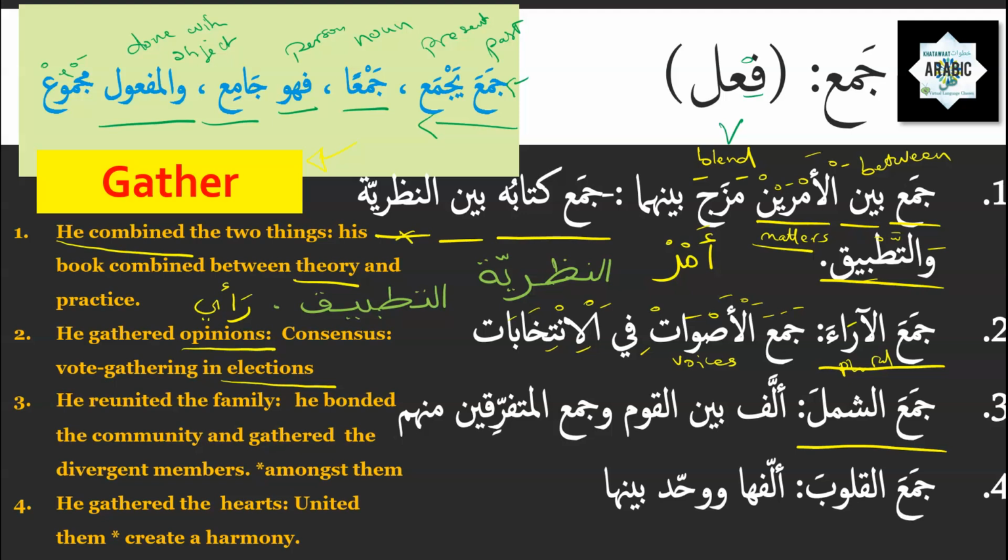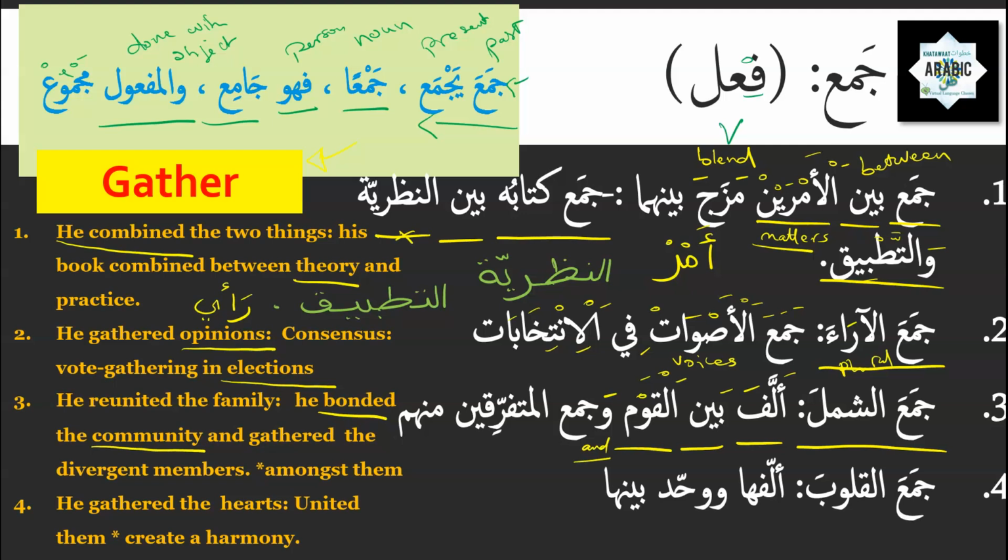And then we have the verb ألف. He bonded between. ألف بين. He bonded, verb to bond. بين القوم. And القوم is a new word for community or large group of people. و is and, so please don't add it to the verb.